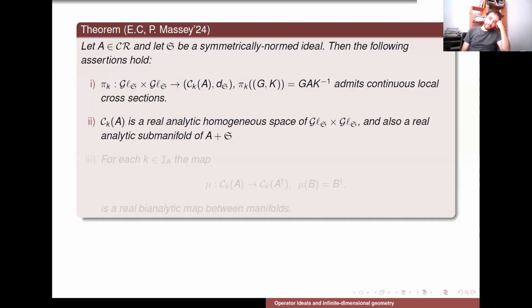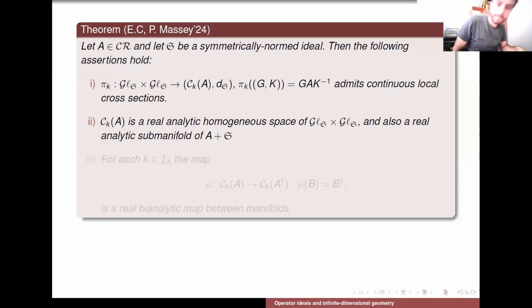Then we have this fact: our orbits Ck of A are real analytic homogeneous spaces of this product of restricted groups, and also they are real analytic submanifolds of this natural ambient space.